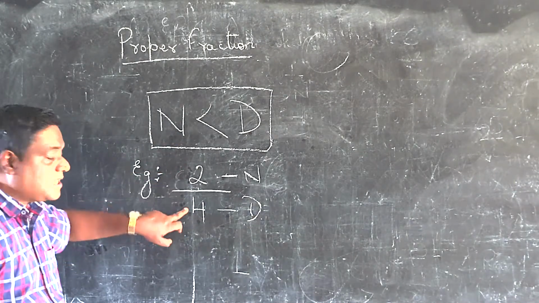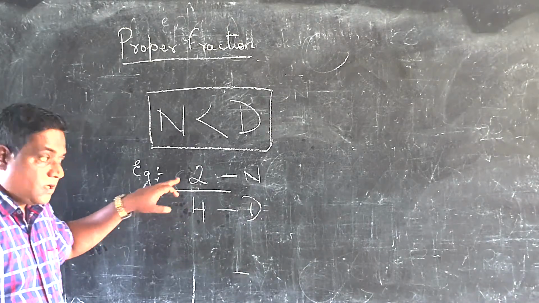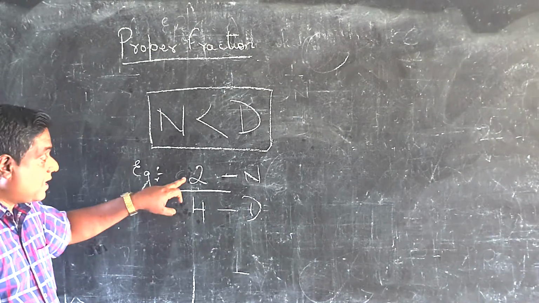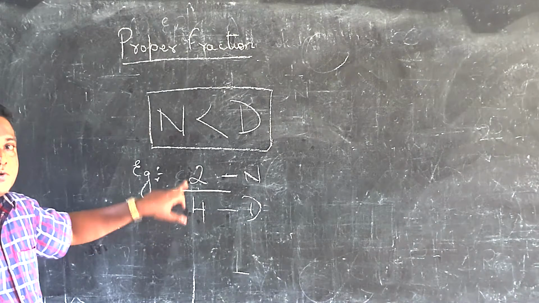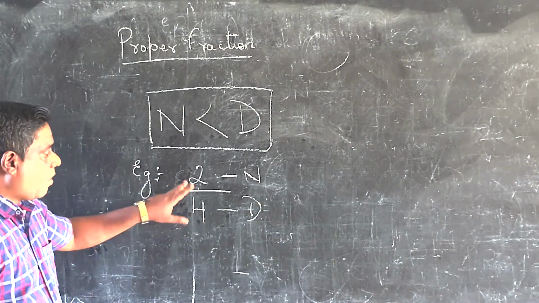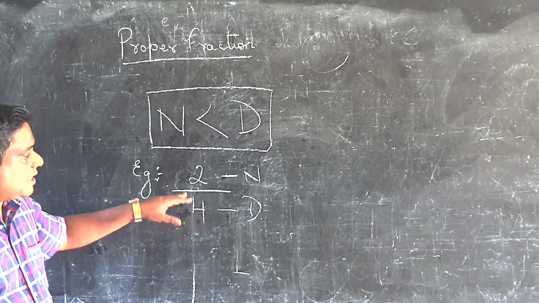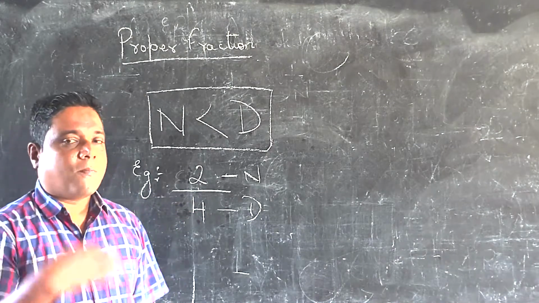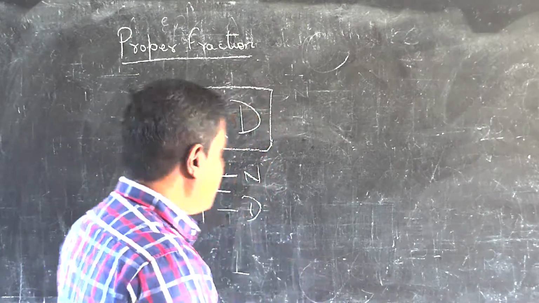In 2 upon 4, 2 is the numerator and 4 is the denominator. Is the numerator less than the denominator? Yes, the numerator is 2 and the denominator is higher than 2. So it is called a proper fraction. A proper fraction is a fraction wherein the numerator is less than the denominator.